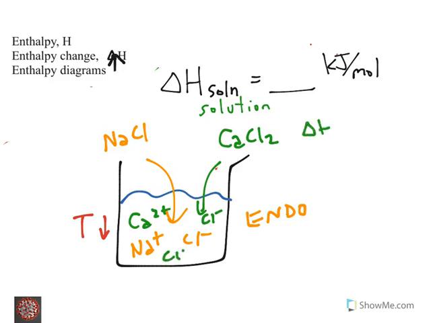It turns out that the molar heat of solution for calcium chloride is an exothermic process, whereas the molar heat of solution for sodium chloride is positive. So you can't necessarily predict what the sign will be when an ionic compound dissolves in water.